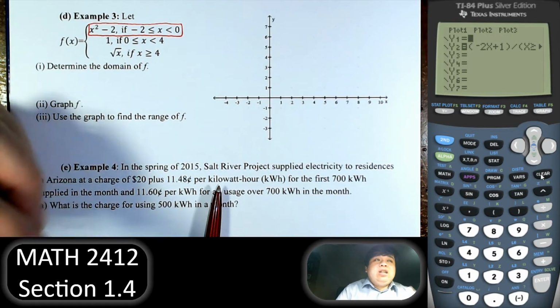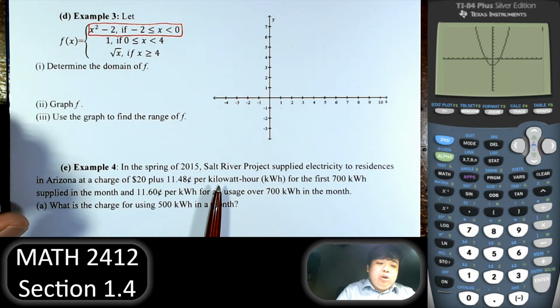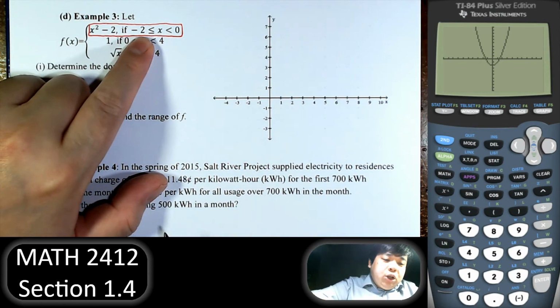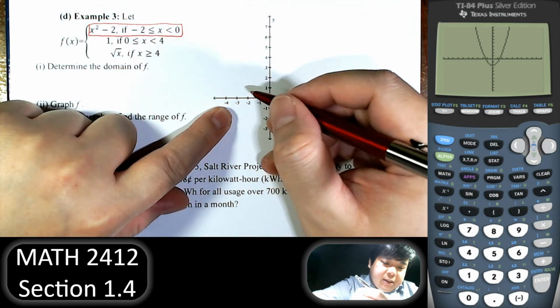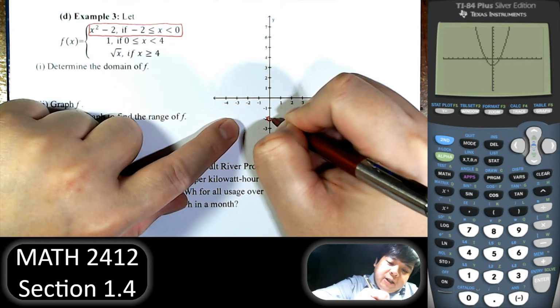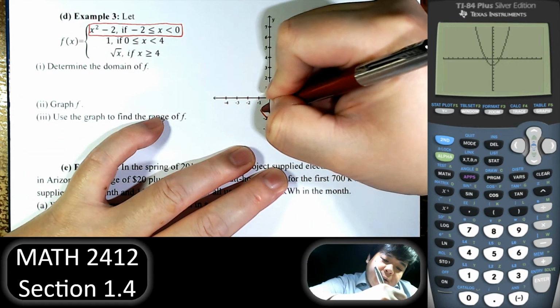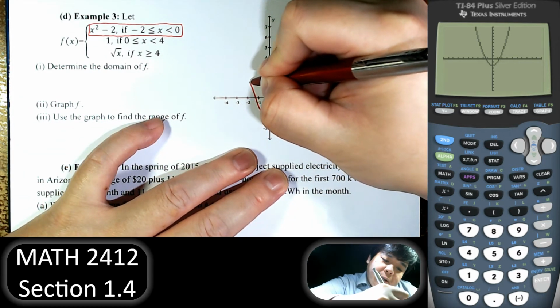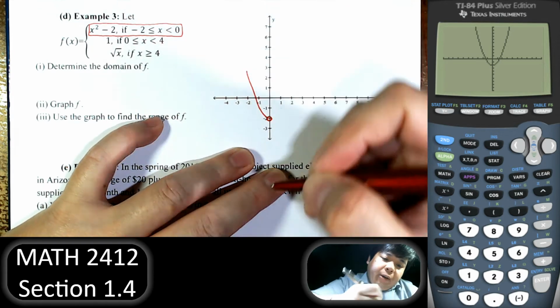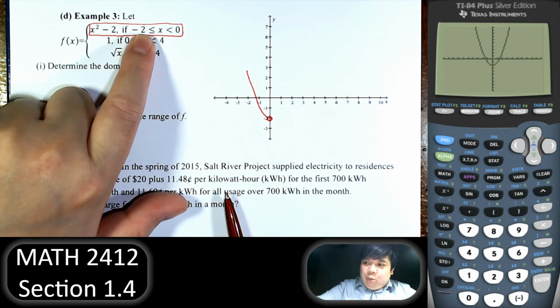We know x squared is the parabola, so x squared minus 2 is the parabola that goes down 2 units, but it only goes from -2 to 0. So we will not have 0, and then we have only up to -2.